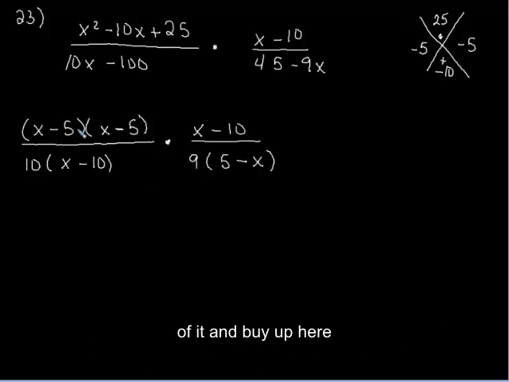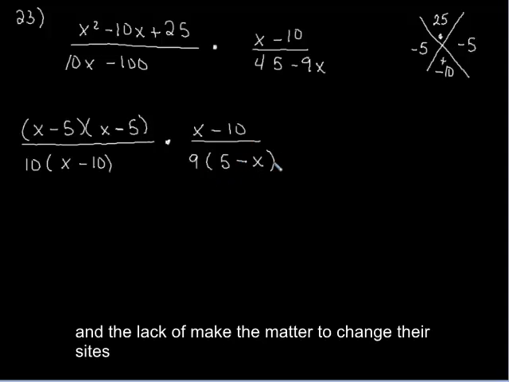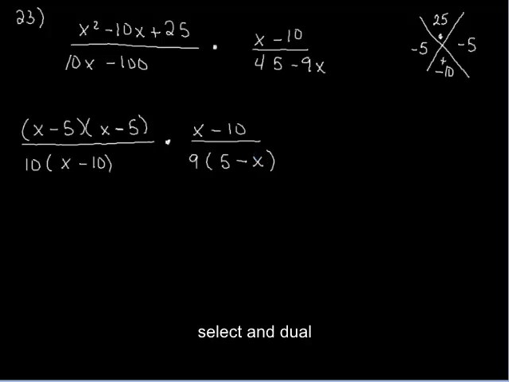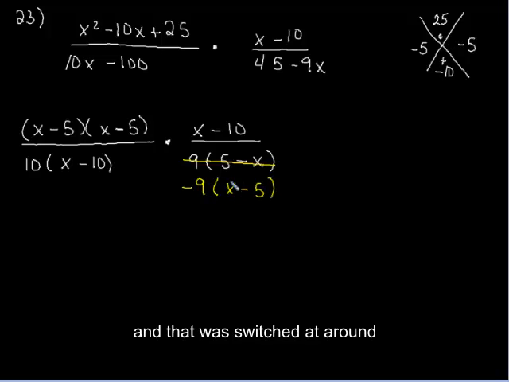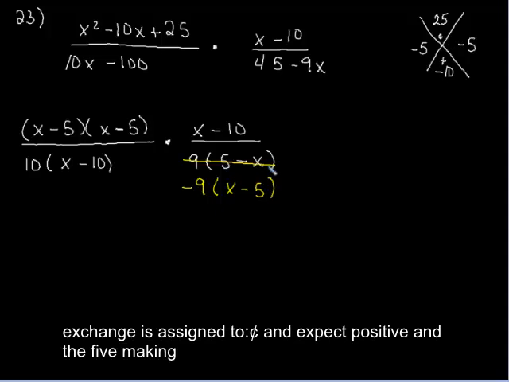I have x minus 5 up here, and I have 5 minus x down here. They don't quite match, but they almost match. The way I could make them match is to change their signs. So I can make this 9 a negative 9, and that'll switch that around. Yeah, because I can pull out the negative 1, and it changes the signs of what's inside and makes the x positive and the 5 negative.